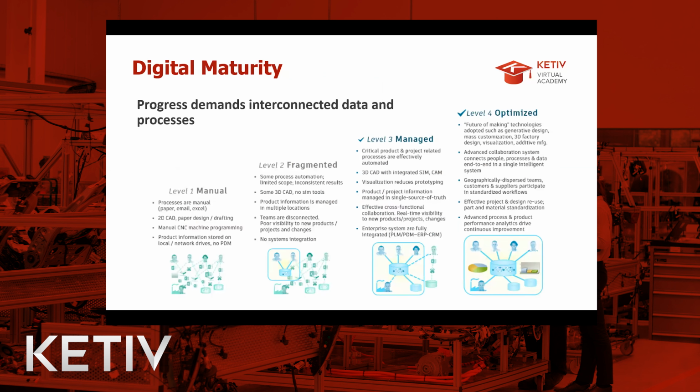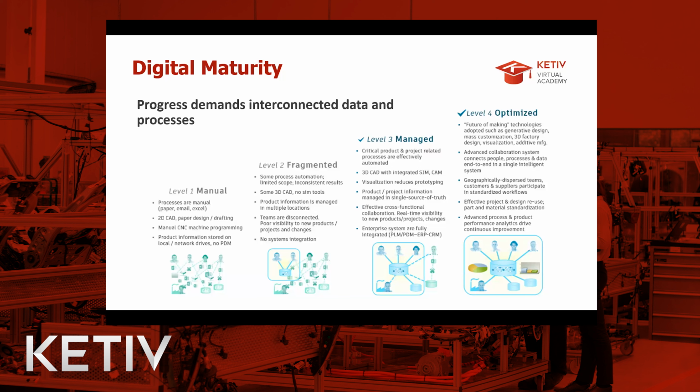So while all of this is great, it does get impacted by digital maturity. Digital transformation, digital maturity, I think we've been talking about this for years now. But in order to move up in your digital maturity, you need to have interconnected data. I've got a few different levels here, like level 1 is manual, fragmented, managed, and optimized. There's some stuff in here that's talking about manual processes such as paper, email, Excel.